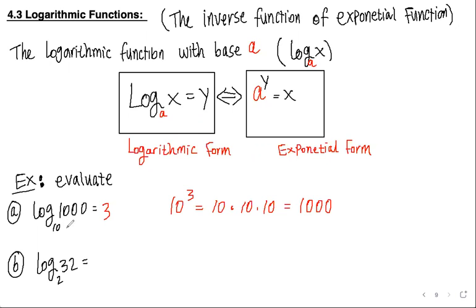Why? You ask: what exponent, if I raise 10 to it, gives me 1000? You say 10 to which number x gives me 1000. My goal right now is to find the value of x. So the value of x is 3, and this is the answer for the logarithm.